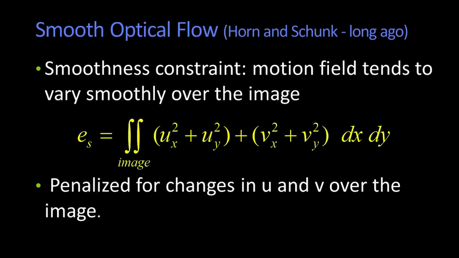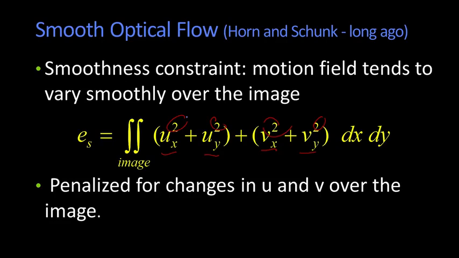That's shown here. These u_x, u_y are the derivatives of u. Remember, u is the x component of the motion field. The derivative in the x direction is squared, because it could be positive or negative, and the derivative in the y direction is squared. Same thing here with v_x, v_y, the change of v as you move in x, and the change in v as you move in y. Again, everything is squared. The idea is we would like this to be 0 or as little as possible.